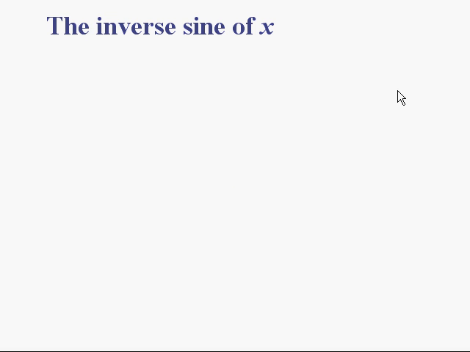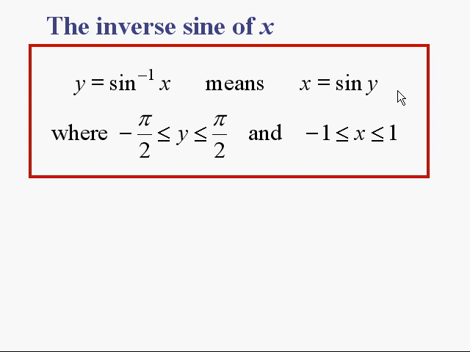So the inverse sine of x is going to be restricted to values for angles between -π/2 and π/2. Then for angles in that interval, every sine value between -1 and 1 happens exactly once, and will have a well-defined inverse function.